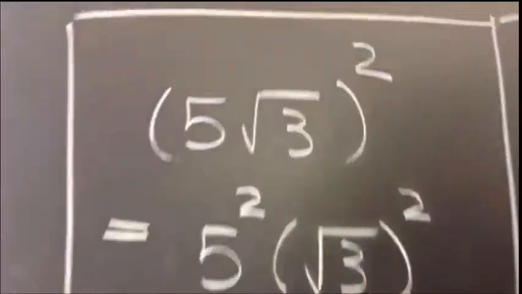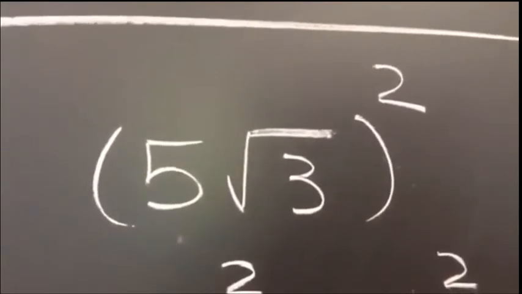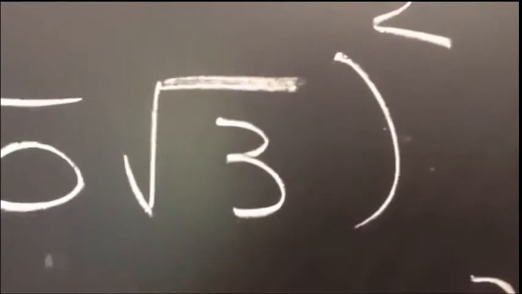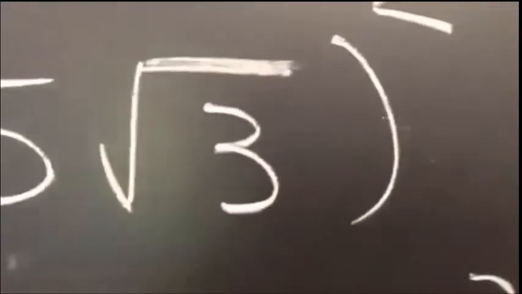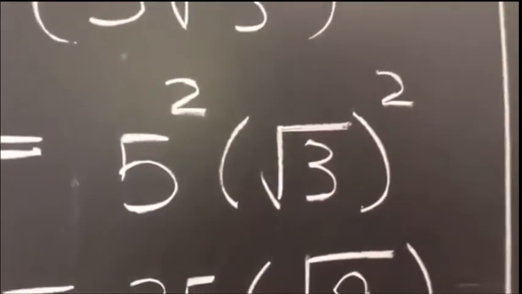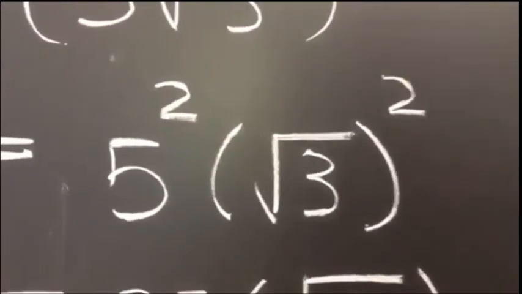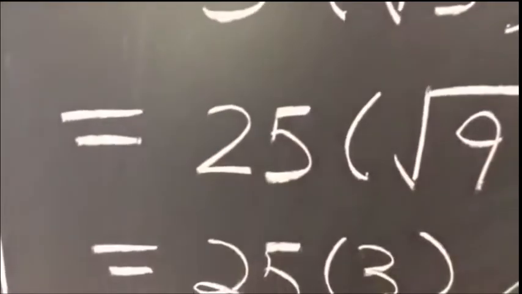So here's another example, 5 square roots of 3 squared. Well, what happens is the 5 is outside of the root. The 3 is inside of the root, and so that power of 2 is going to come down and influence both of those numbers. So this will become 5 squared times the square root of 3 squared. 5 times 5 is not 10, it's 25.